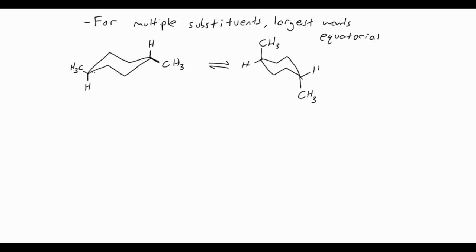They will also be flipped, so they were axial before, now they are equatorial. And which of these is more stable? Well, remember that we want equatorial substituents because they avoid the 1,3 diaxial interactions. So this one will be much more stable because both of those methyl substituents are in the equatorial position. More stable, both equatorial.